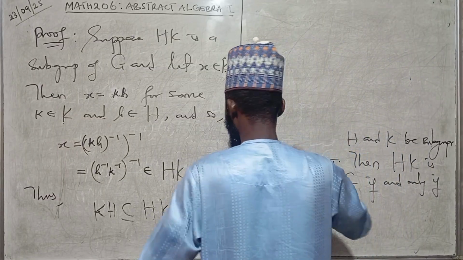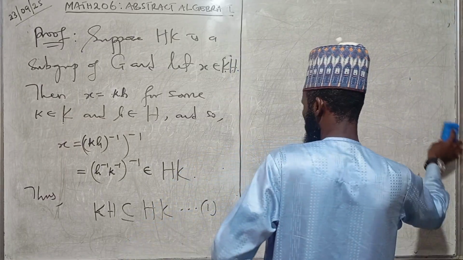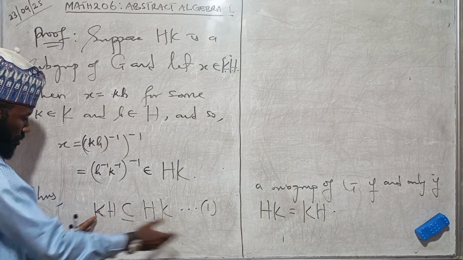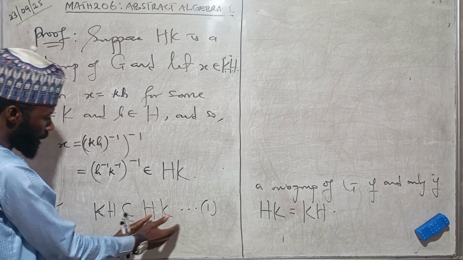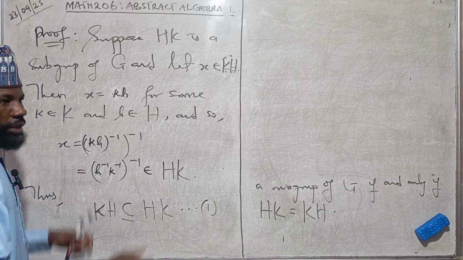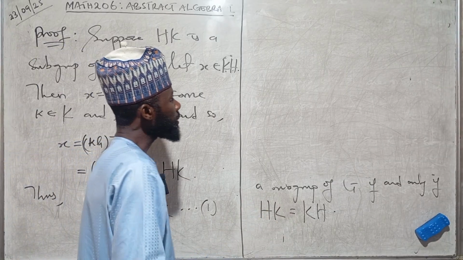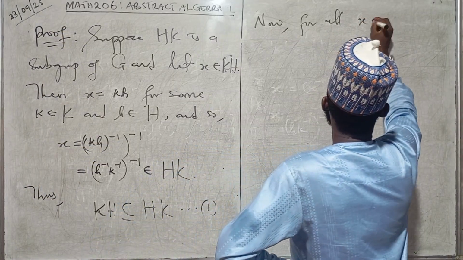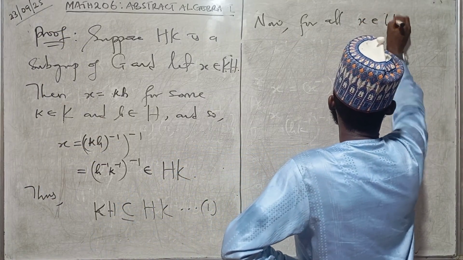Now, the other inclusion, because we are trying to establish equality of these two sets. If you show this is contained in this and the other way around, then you have established the equality. Okay?